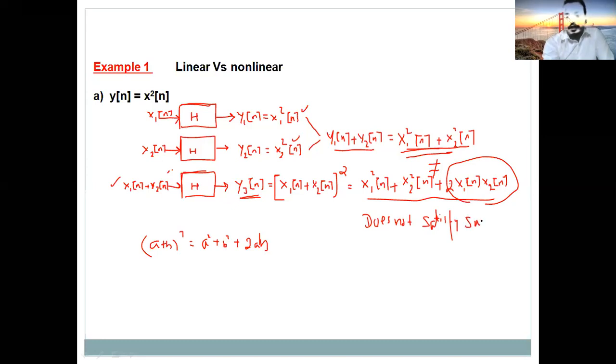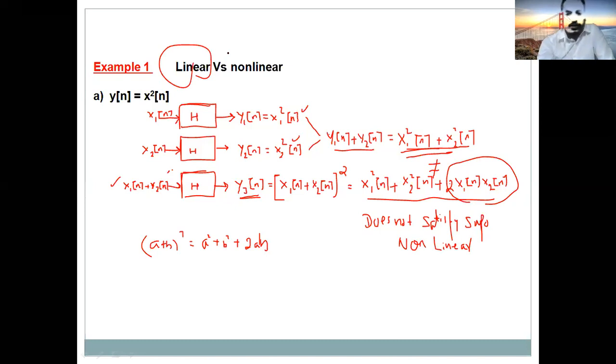If the system does not satisfy superposition, what's our conclusion? Non-linear system. The system is non-linear. For a system to be linear, it must satisfy both homogeneity property and superposition. If one of the two does not satisfy, our system is a non-linear system. In this case, the system does not satisfy superposition principle. Let's see one more example.